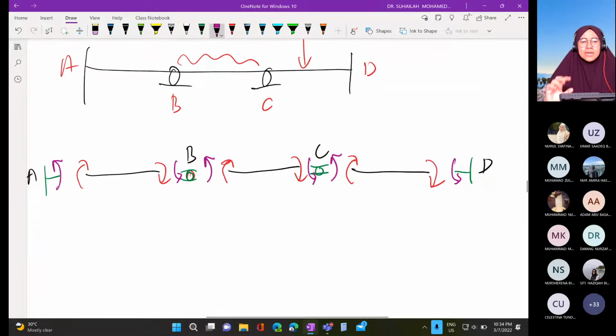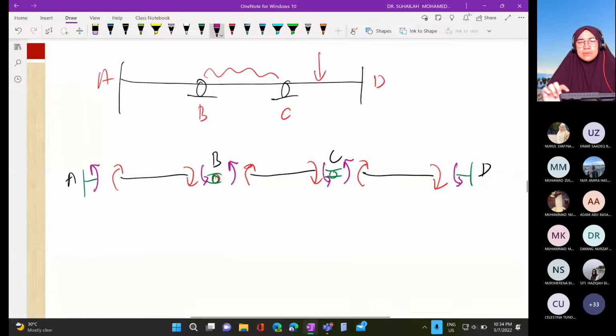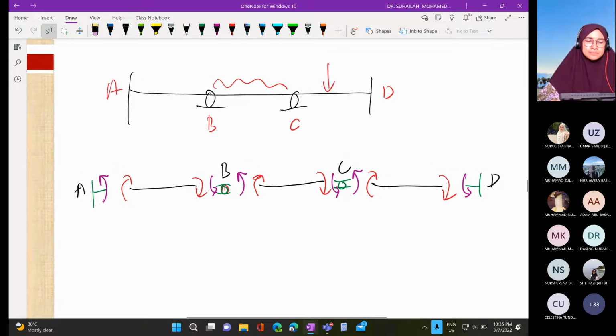We will analyze, we will calculate member end moment, okay, by using joint moment. We distribute joint moment. We get member end moment from joint moment. Okay.